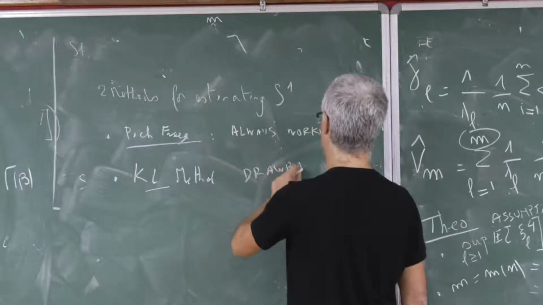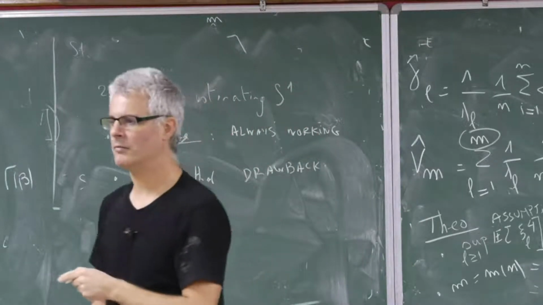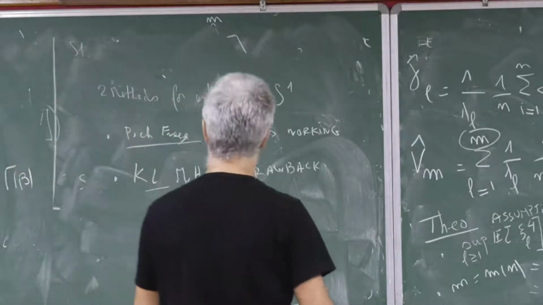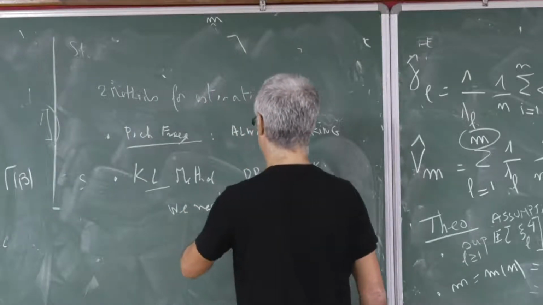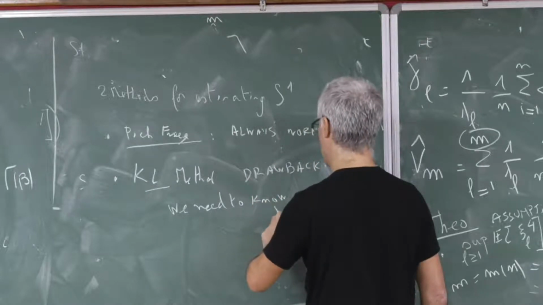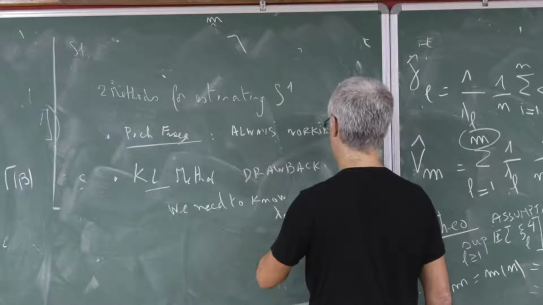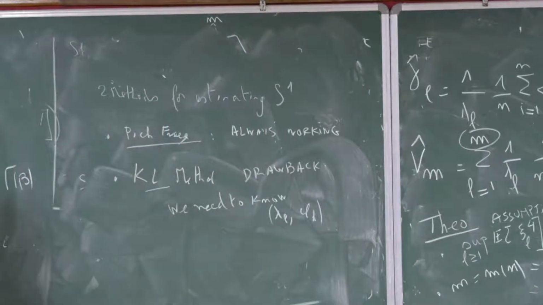It was mentioned in the question, the drawback of the method I present here, say we need to know the functions. Okay, so if you don't know them, you can estimate them.